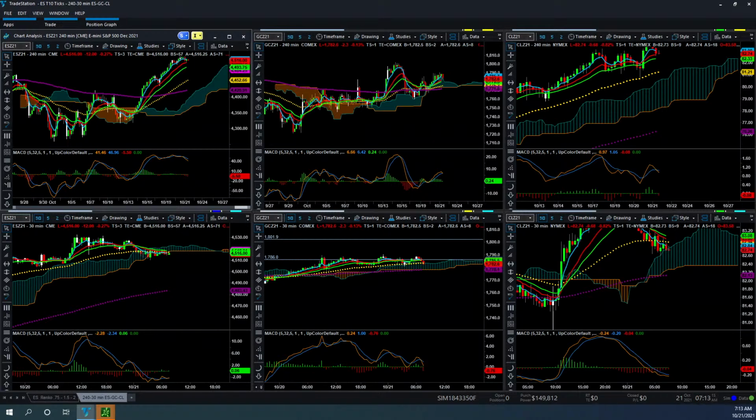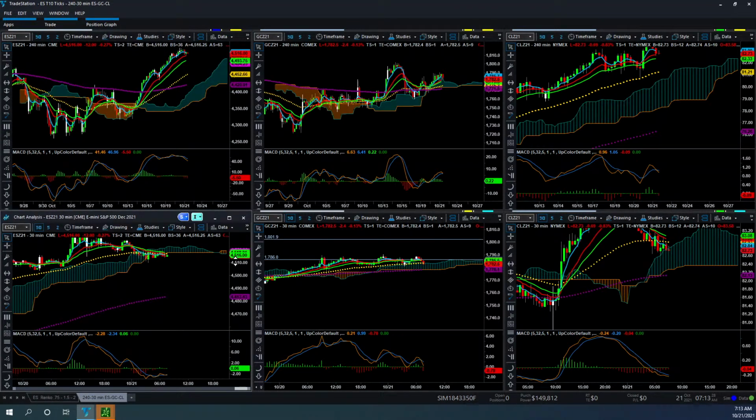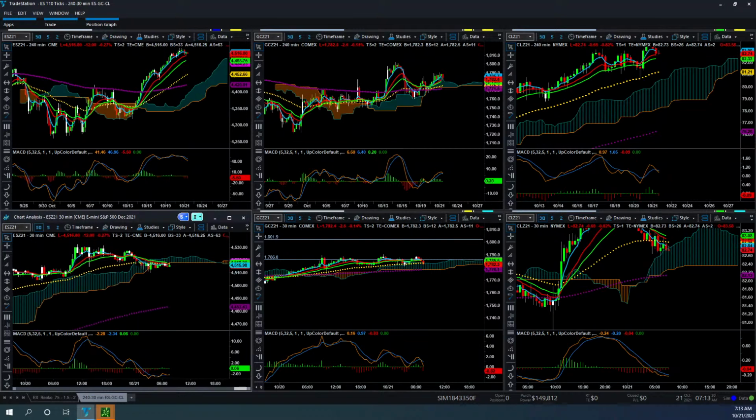It has been moving horizontally overnight, so it has not moved that much. Right now it's $12 down in the overnight. The 30 minutes looks like it's trying to break down here, so a little bit bearish but horizontal. Not decisive on what it wants to do. It has some resistance on top. We'll see.